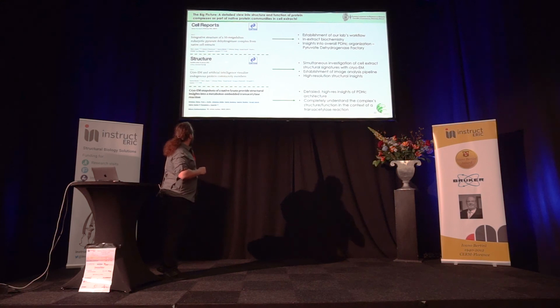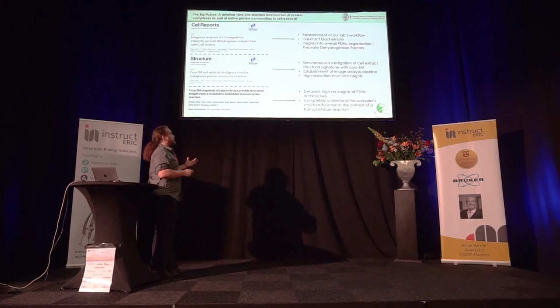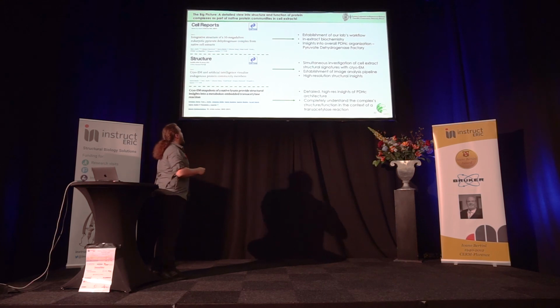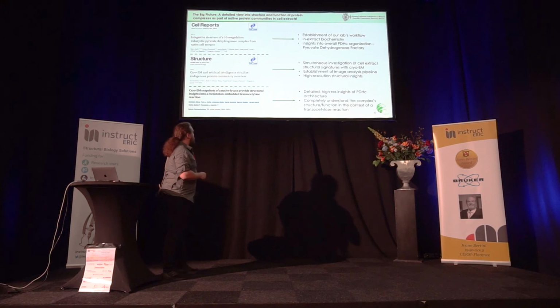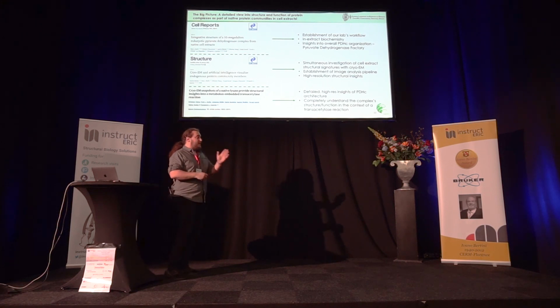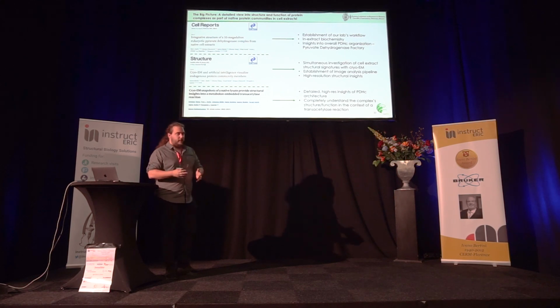Now, this structure paper is the second part that gives us more insights on other complexes that are in there and what we can do concerning cell extracts, how we can analyze them. And finally, we also have a publication in Nature Communications last year that delves deeper and gains higher resolution insights into the pyruvate hydrogenase core itself and completely describes the acetylase reaction.